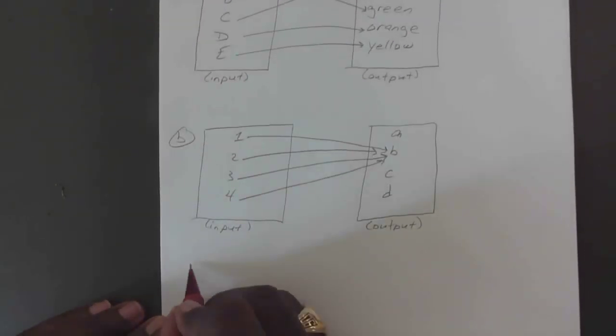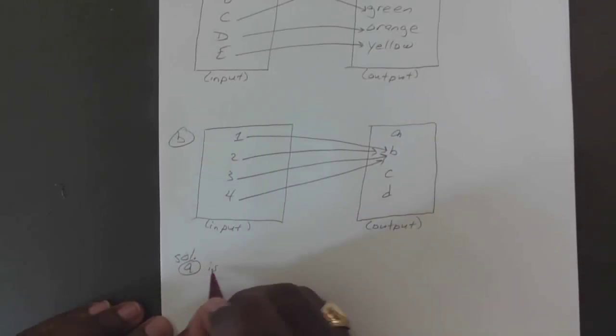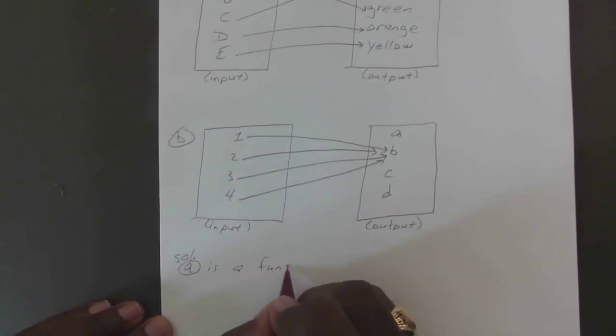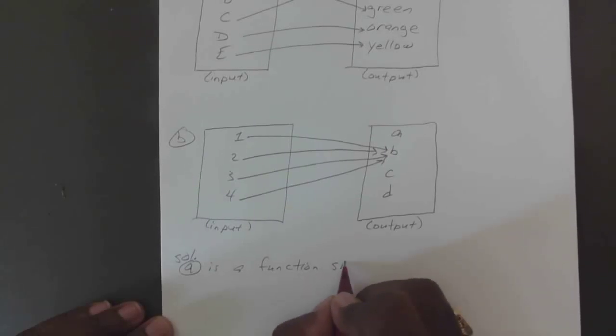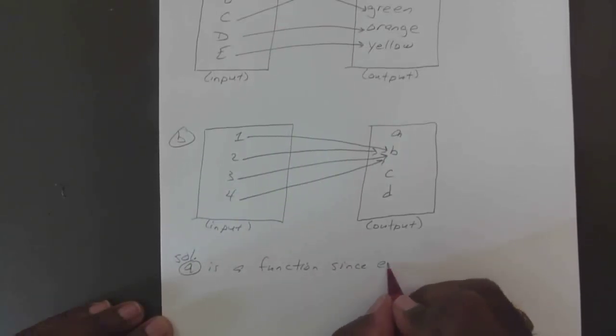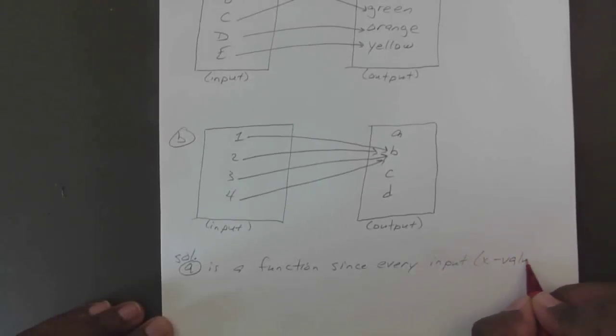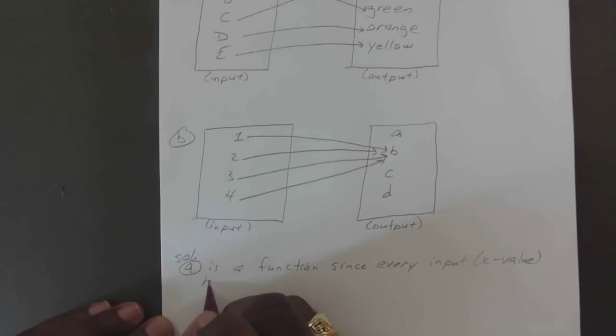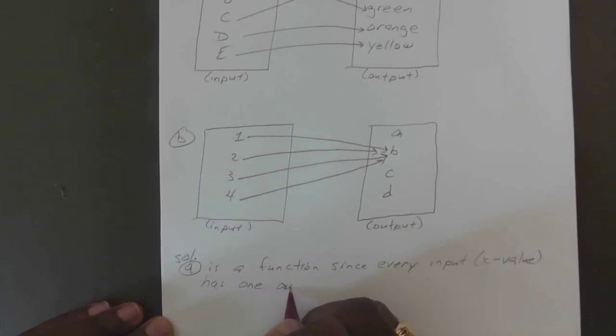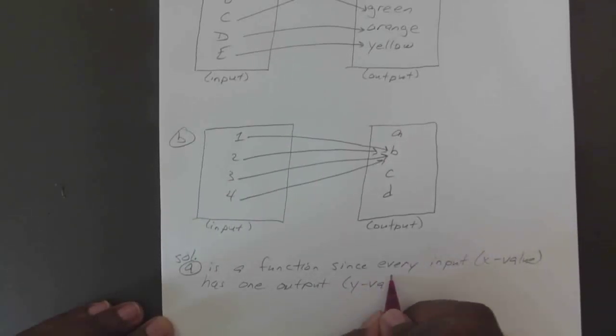So for A, it is a function since every input, which is just your x value, has one output, which is just another way to say y value.